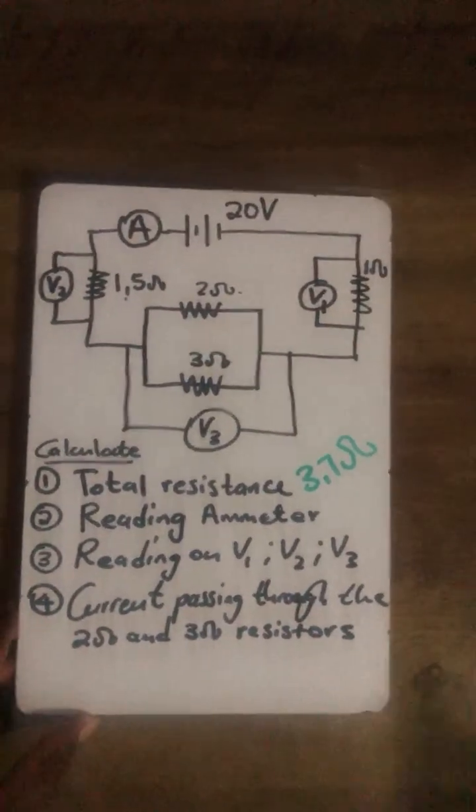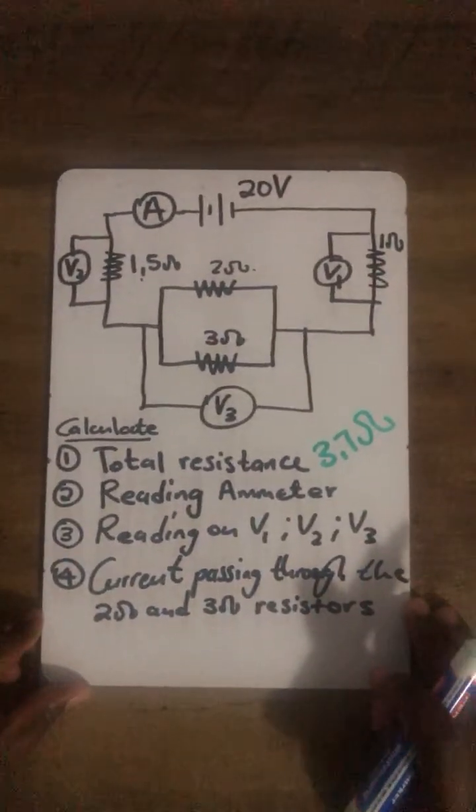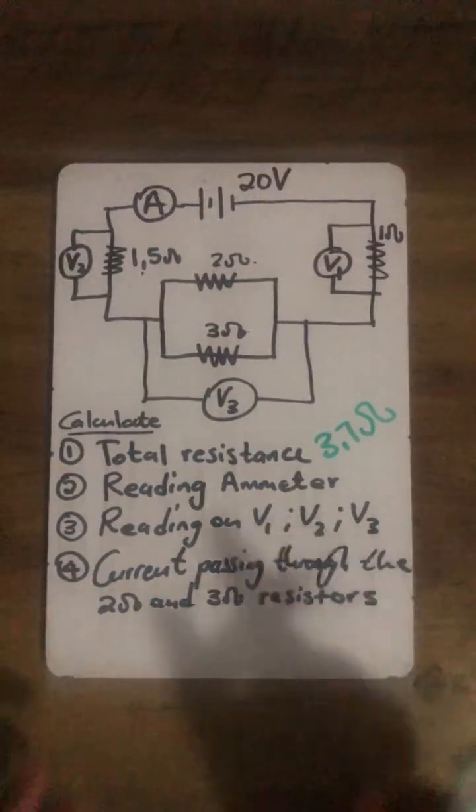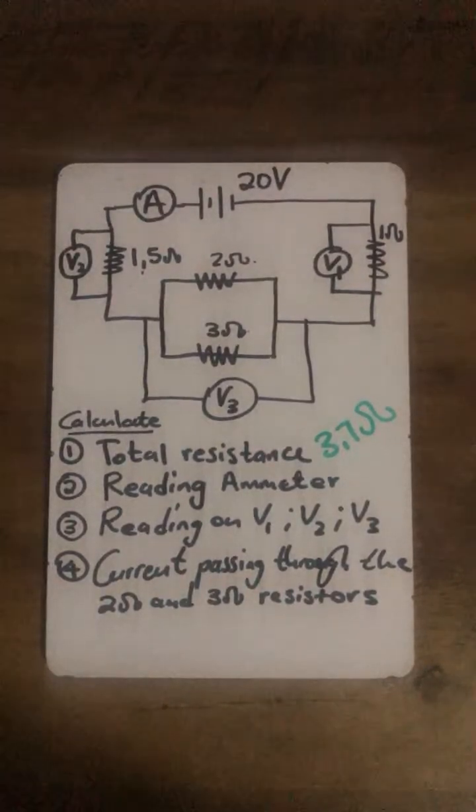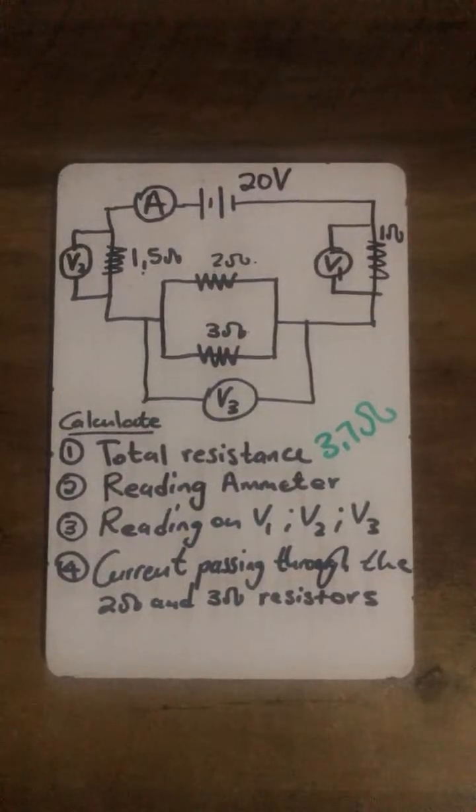On the next question, you need to calculate the reading on the ammeter. For this one, I'll give you a maximum of 5 minutes, and I will need at least 5 answers on this question before we can continue with the lesson, proceeding to other questions.